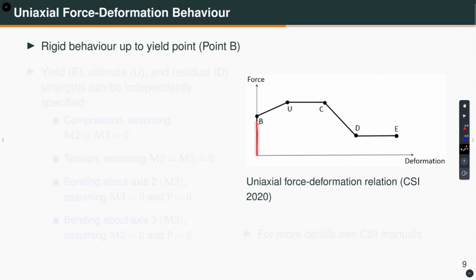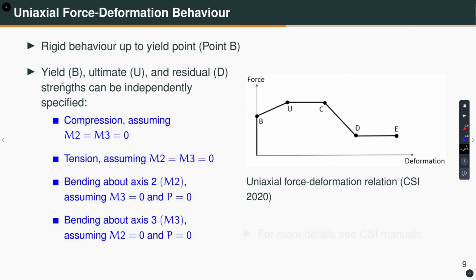So, it will go like this and then it will yield at point B, which the program automatically calculates, and then the ultimate point, I mean you can modify this, that is the reason I am writing yield point. Then this point, the residual strength, can be independently specified. This is horizontal, which is default.